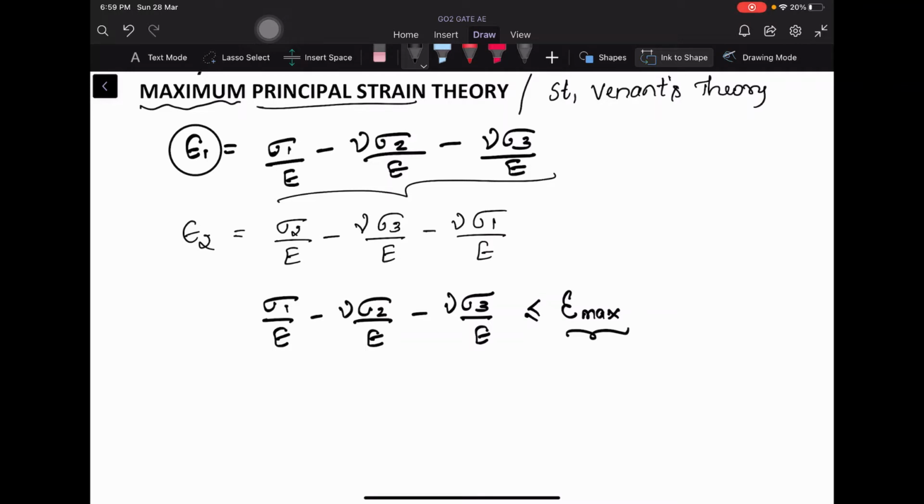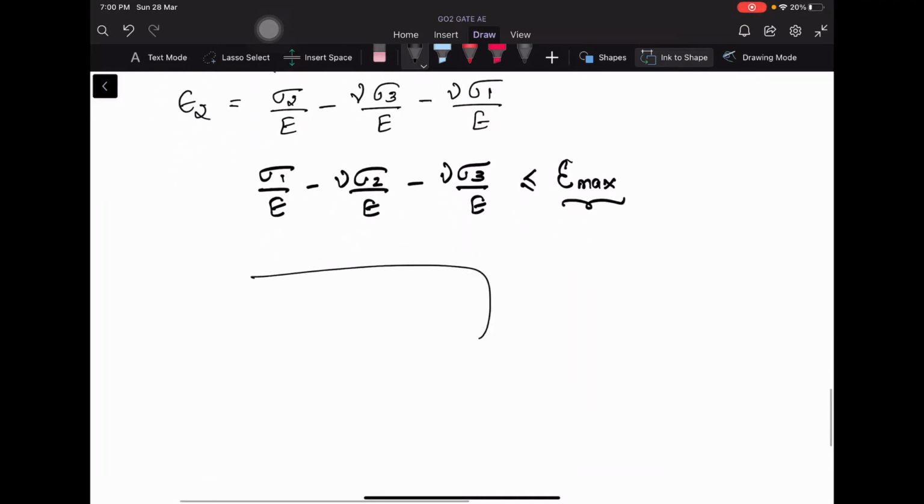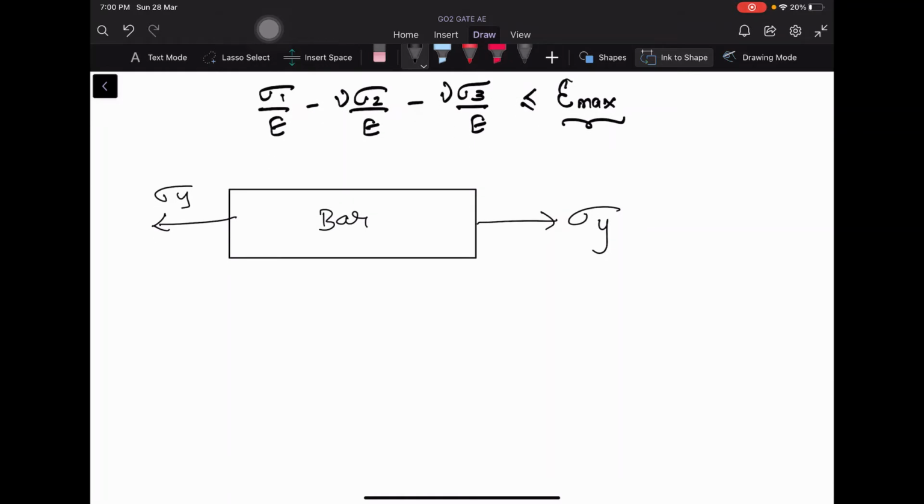So to find this maximum principal strain, let us conduct a tension test. So let us consider a bar with yielding stress sigma y. So let's do this together.